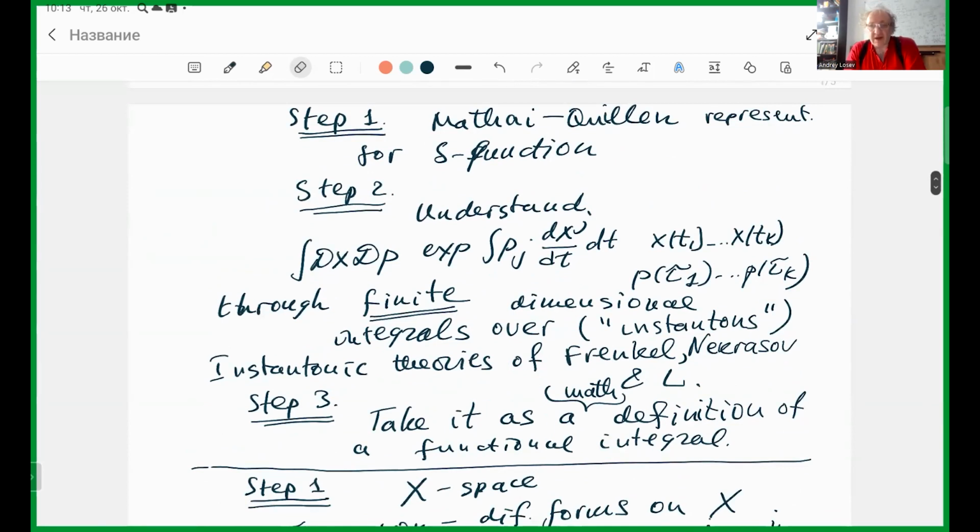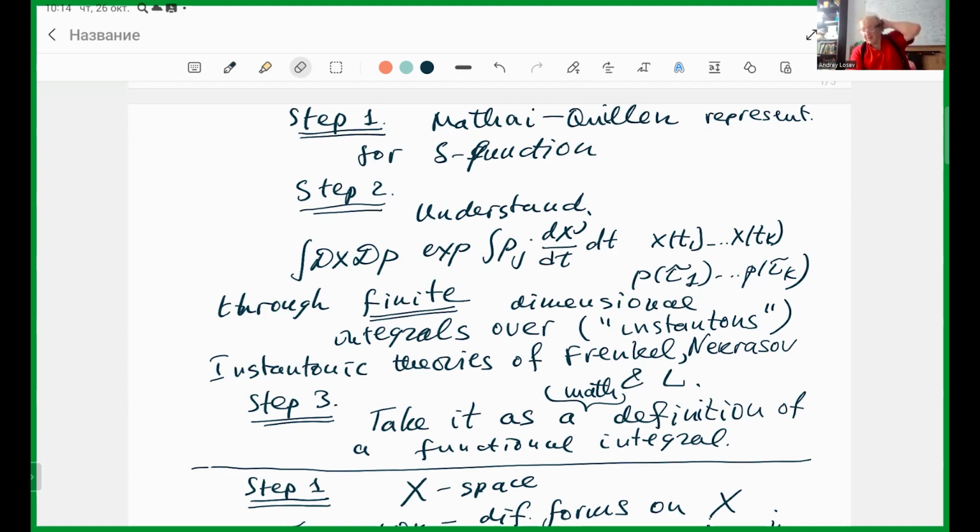So I am back to my plan. Step 1 was the Mathai-Quillen representation for the delta function that I would like to do from the right to the left. So now I would like to study step 2.